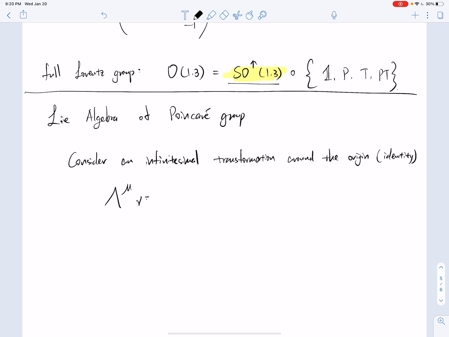Our Lorentz transformation becomes the identity, expressed as a delta, plus this infinitesimal transformation.